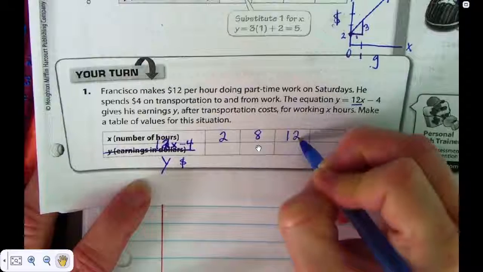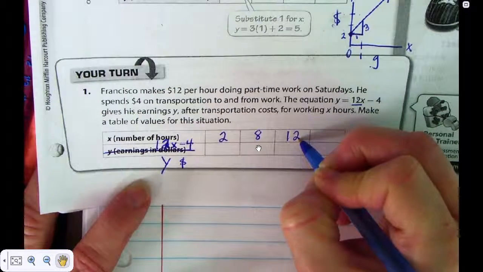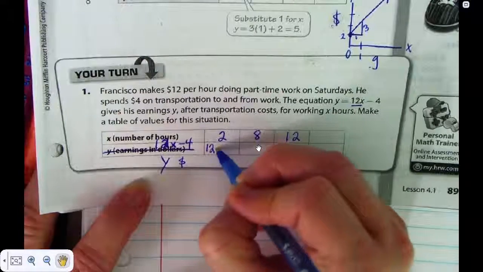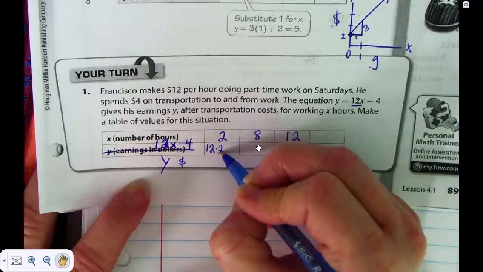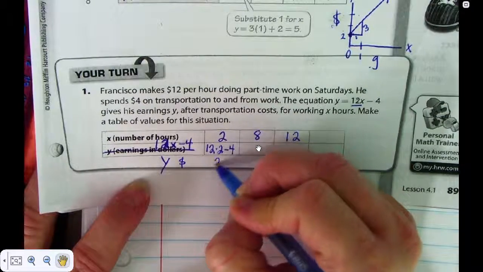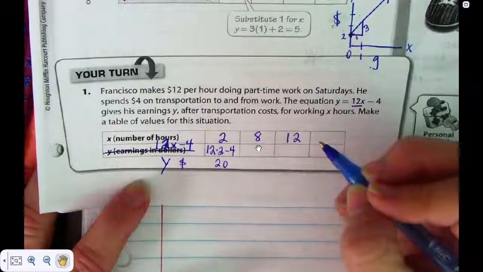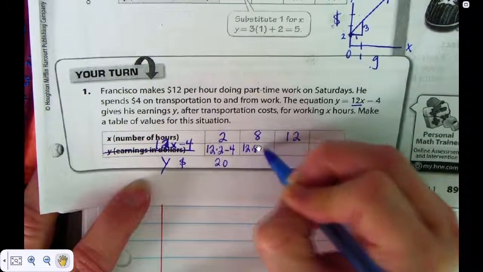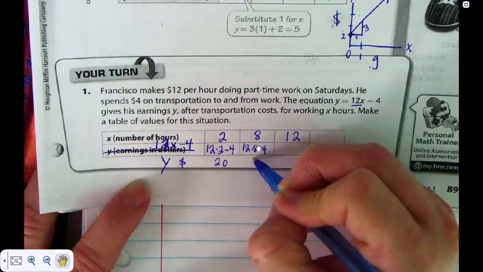12. Okay. So if he works 2 hours, he's going to make $12 for each hour. 24 minus 4 is 20. If he works 8 hours, 12 times 8 minus 4 is? 92.